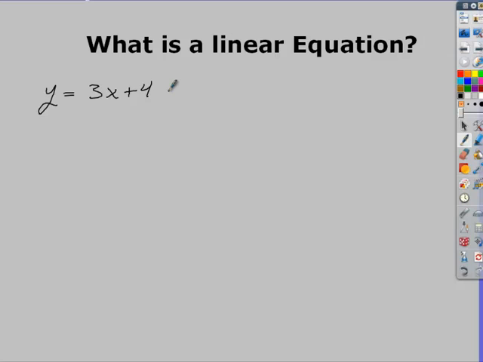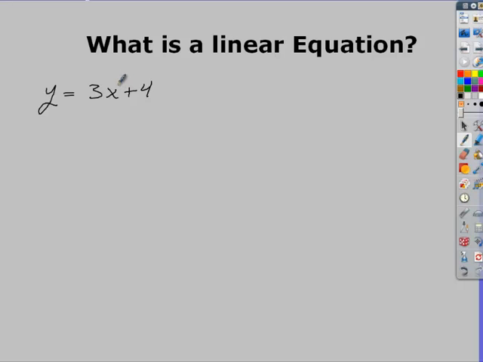So, linear equation. Does anybody remember what a linear equation looks like? Okay, then I'll go back through it. So, a linear equation is an equation whose highest power on x is 1. So, if we look at x, what is the power on x?